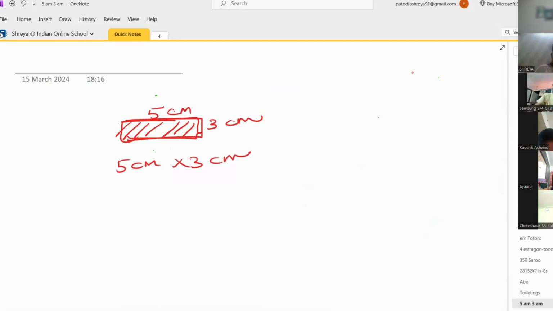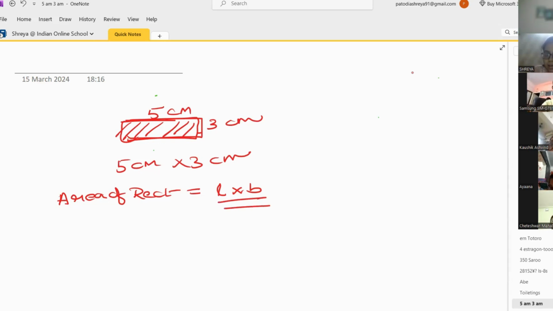So basically the area of a rectangle is length into breadth. This is a very common mistake students make. In the case of a rectangle particularly, they get confused between the formula for perimeter and area. So area of a rectangle is length into breadth.